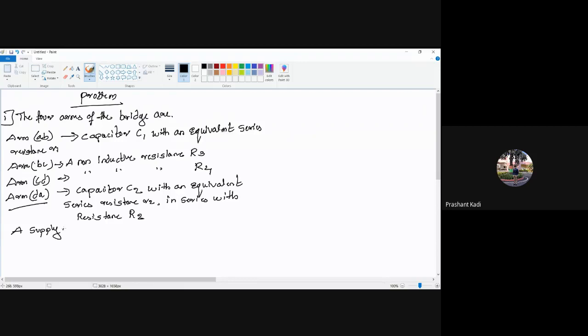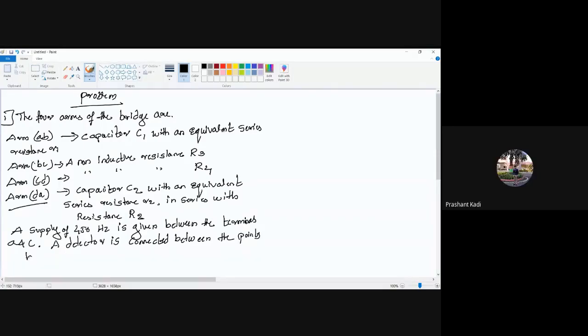A supply of 450 hertz is given between the terminals A and C, and a detector is connected between which points? B and D. Points B and D.